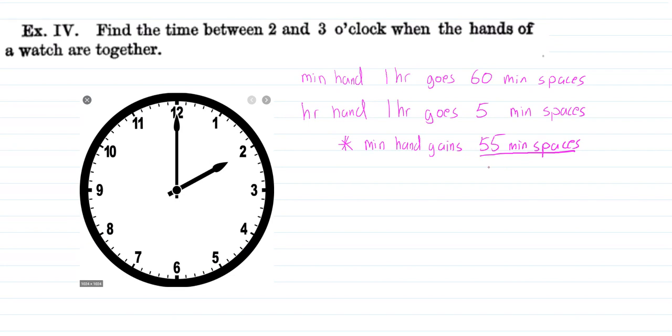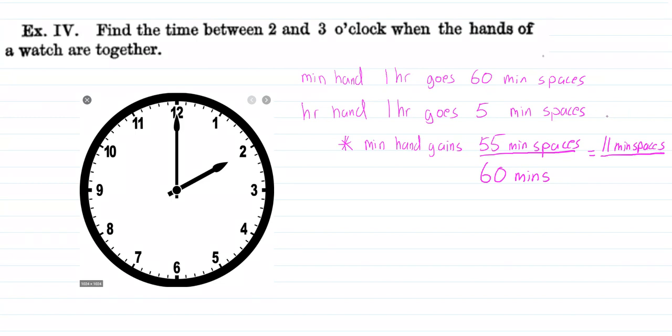In 1 hour, okay? So we can say in 60 minutes, we divide by 5, and it gains 11 minute spaces. It always goes 12 times as fast, and it's going to gain 11 minute spaces every 12 minutes, right?